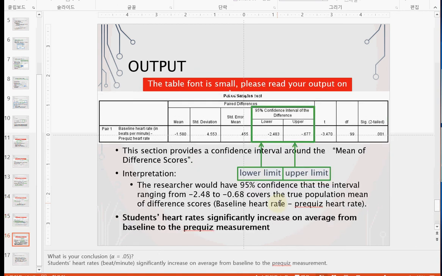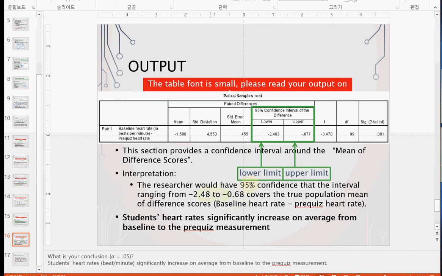Now you see the confidence interval. We can say we are 95% confident that the true population mean of the difference scores, baseline heart rate minus pre-quiz heart rate, lies somewhere between negative 2.48 and negative 0.68.